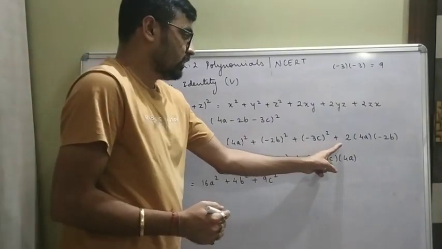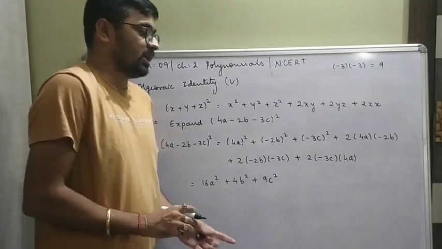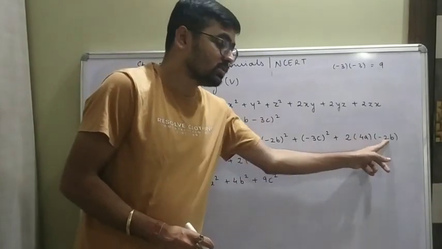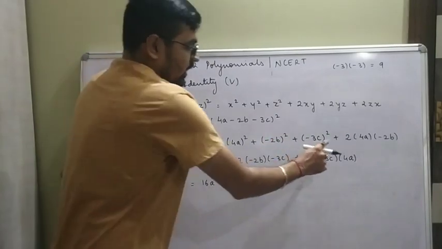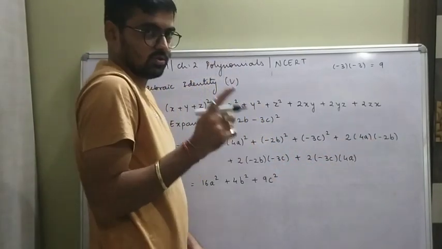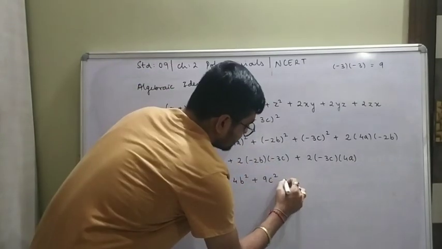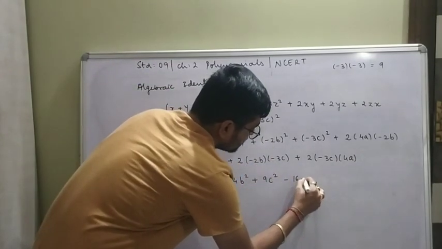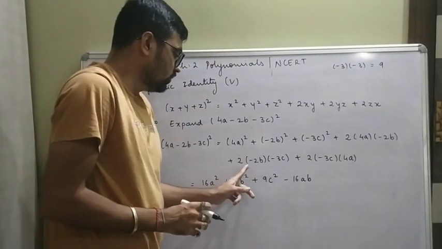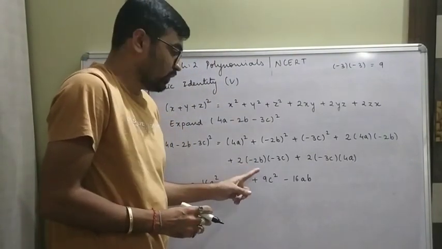Simple. Now the complication starts from here. How are we going to do it? First, 2 into 4, 8, 8 to the 16, but plus into minus, the product will be minus. So 4 to the 8 to the 16, minus 16ab. Simple. Then 2 into minus 2, minus 4.